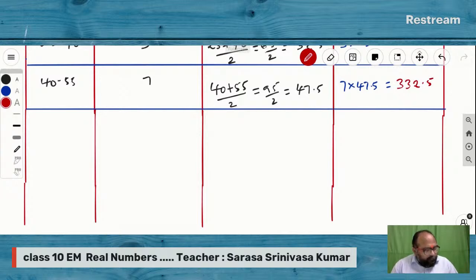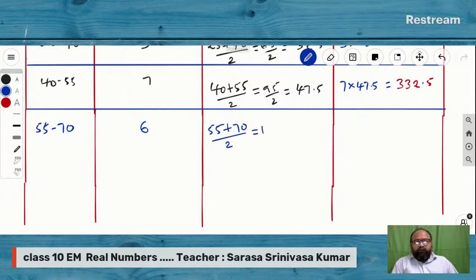Now 55 to 70 class interval. Number of students 6. Now we find the class mark, 55 plus 70 by 2. This is equal to 125 by 2, so this is equal to 62.5.